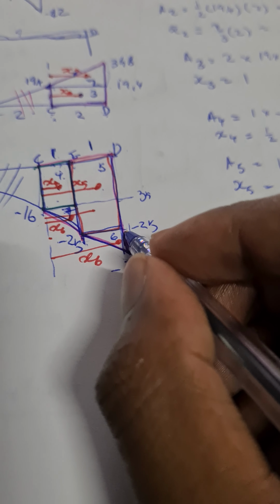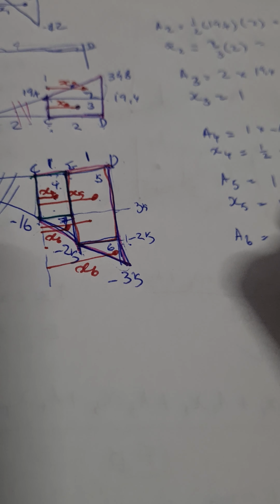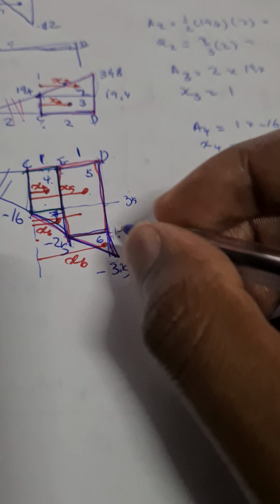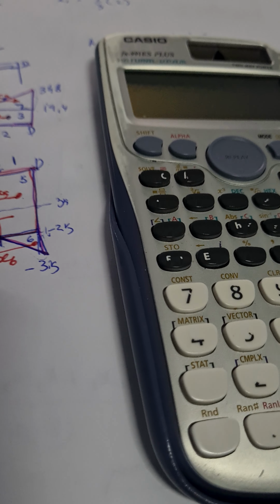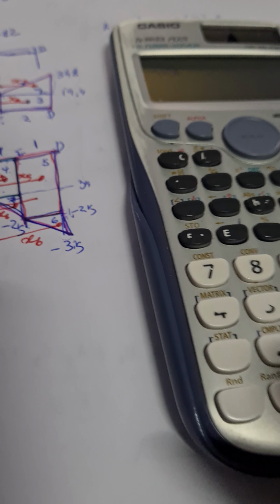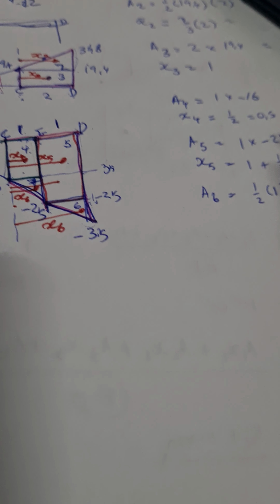Then we have 6. A6 is what? This right angle triangle, right? So it's gonna be 1 over 2 times 1, the base, and then times from here to here it's what? Minus 35 plus 25 is 10. So it's minus 10.